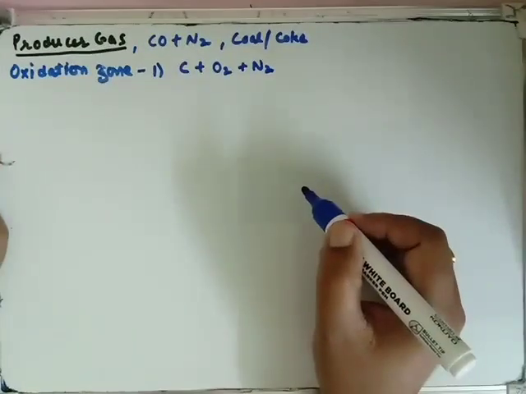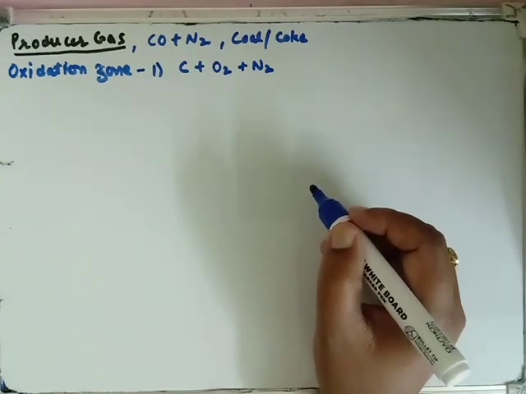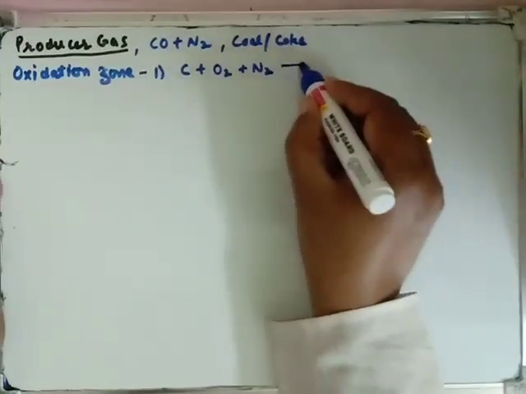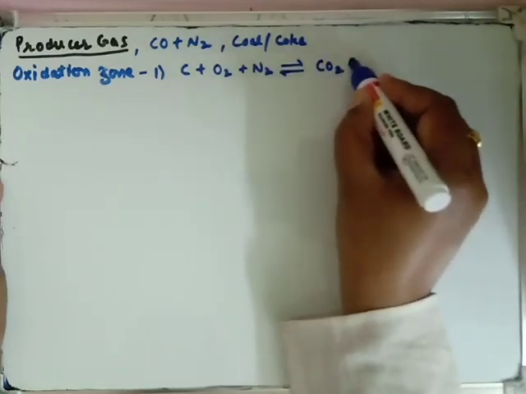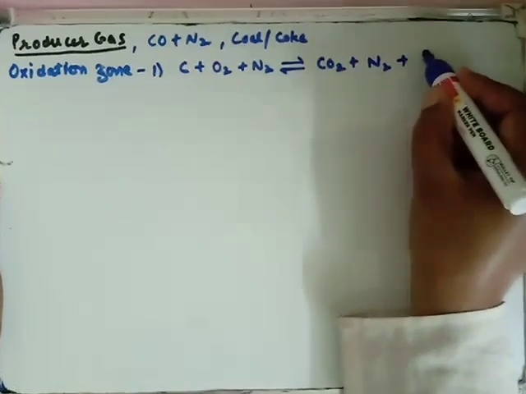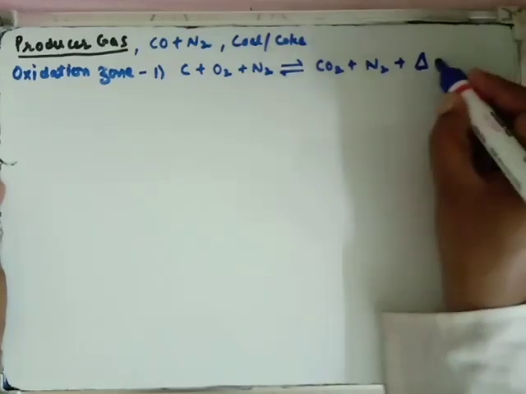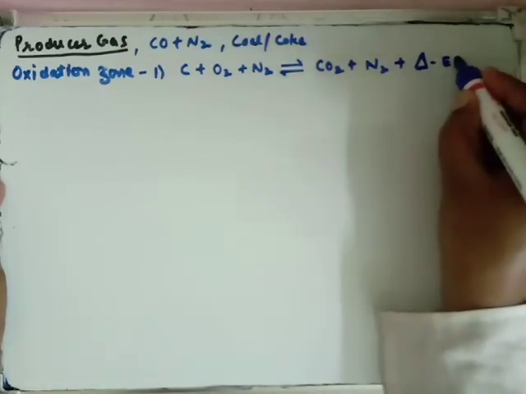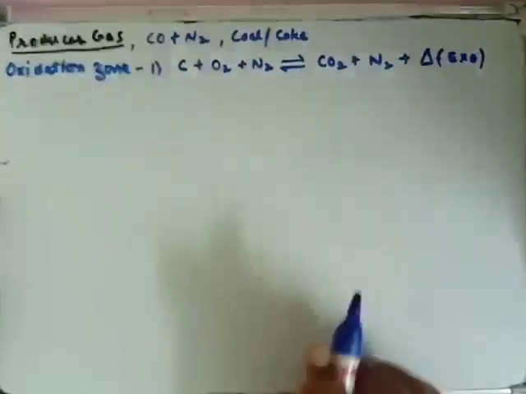It cannot be neglected because it contributes 78% of total air concentration, and it reacts to form carbon dioxide and nitrogen. Along with this, it releases some heat, right? Some heat is released, and the reaction is exothermic in nature. It releases heat, therefore the reaction is exothermic in nature.